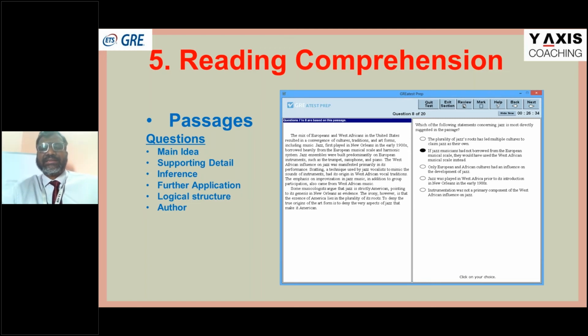Since this is a reasoning test, there is very little information available as direct answers in the passage. You have to use the information in the passage and combine that with logical reasoning in order to find the answers. So we don't read the passage to find the answers, but rather we use the information in the passage to find the answers.